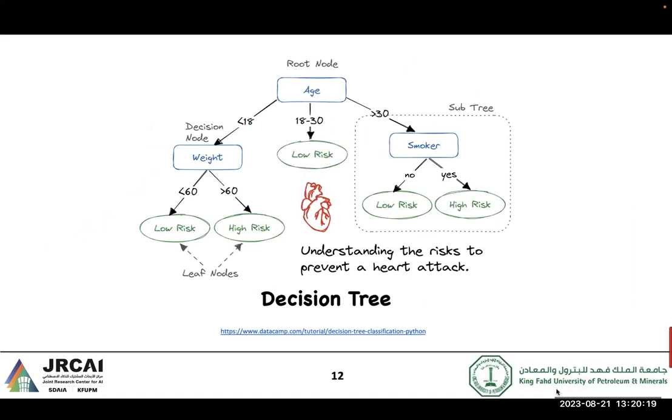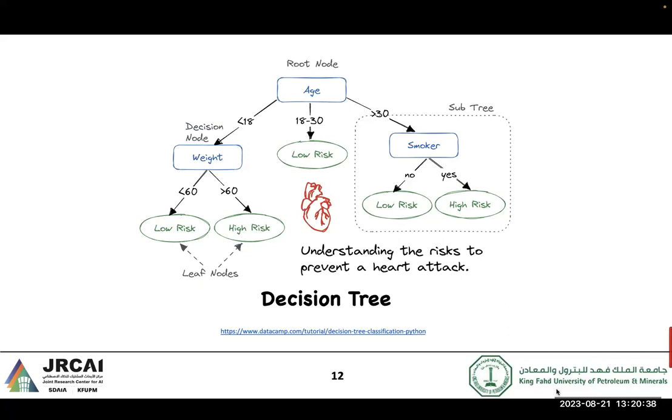We have another example here of a supervised classification model, which is very old in the field of machine learning, but it's still effective if you are working with small data. Basically, the idea is we have some kind of tree here.